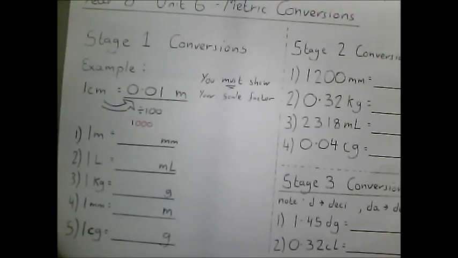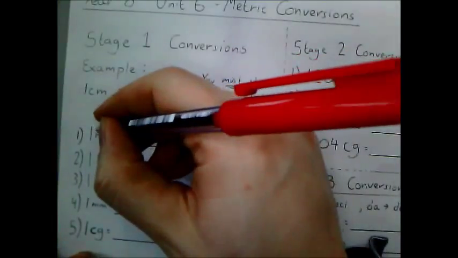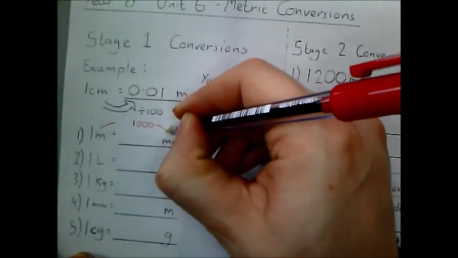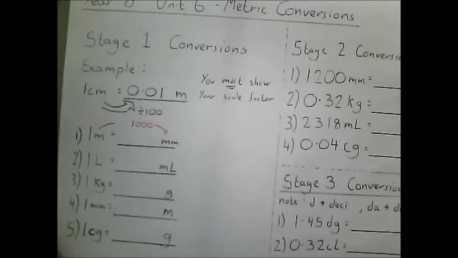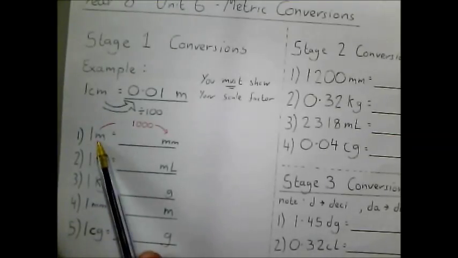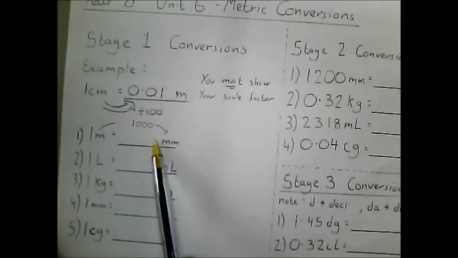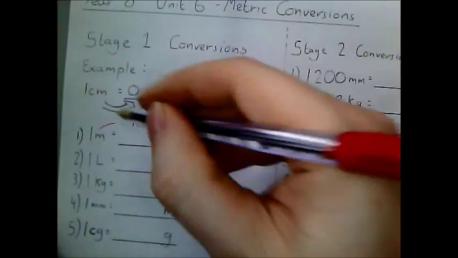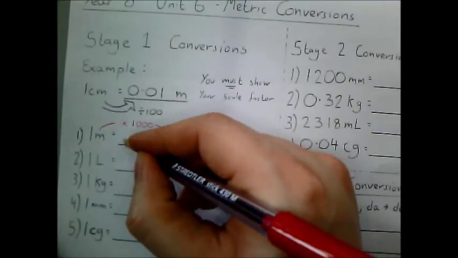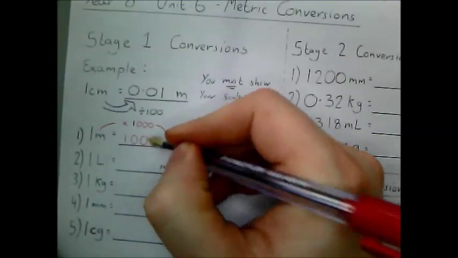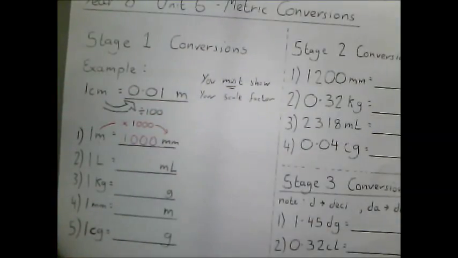So milli means 1,000. So now all I need to work out is when I need to multiply or divide by 1,000. Now obviously if you've got one big unit, you're going to have more smaller units because more fit into them. So I'm going to want to multiply. So my answer is 1 times 1,000, 1,000 millimeters.